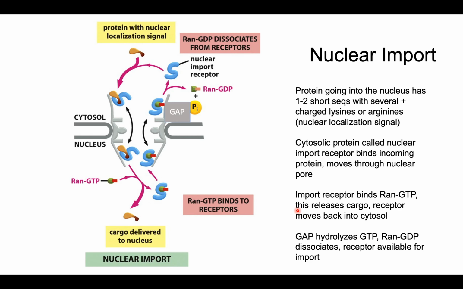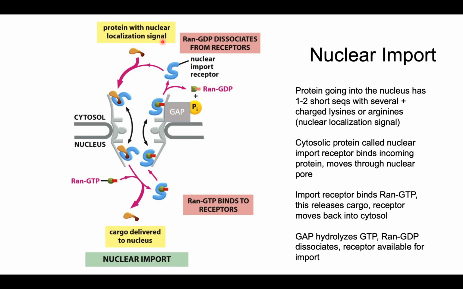So here we're looking at how we're bringing something into the cell. So export's going to look very similar. We're going to start with import for now. So let's focus at the top of this diagram here. So we have some kind of protein. We want to bring it into the nucleus, and we know we want to do that because this protein has a nuclear localization signal.